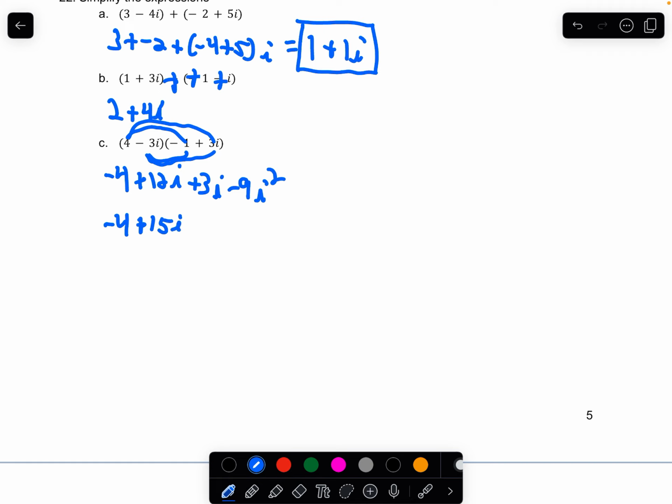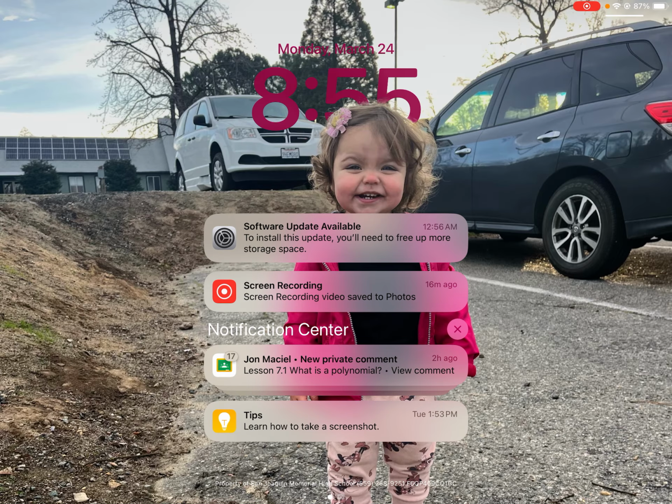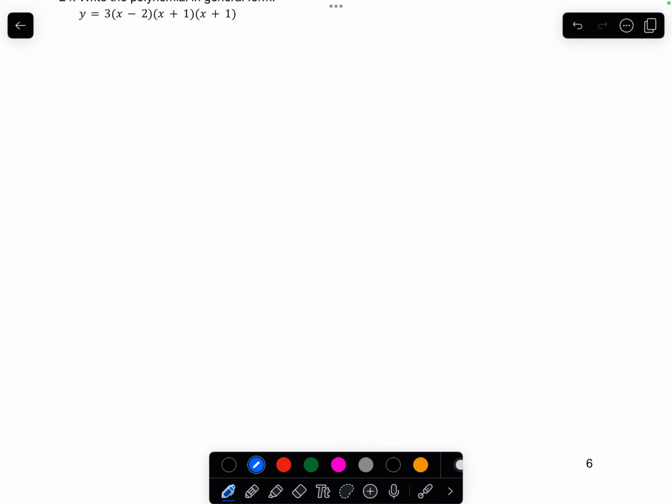And don't forget, i squared is negative 1. So that's negative 9 times a negative 1. So that's negative 4 plus 15i plus 9. And that is 5 plus 15i. And there we go. And that will be it for now. I'll do 23 and 24 in the final video. And so it'll be 4 videos. Bye-bye.